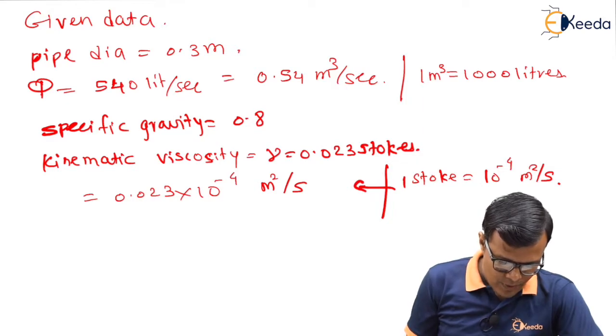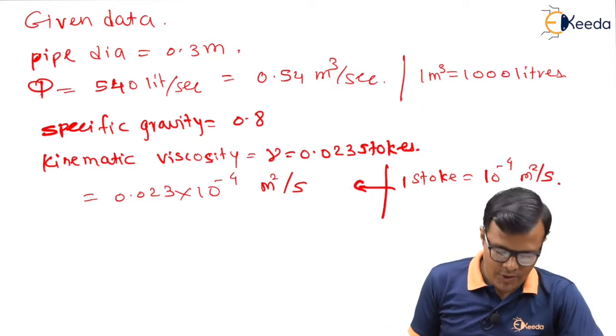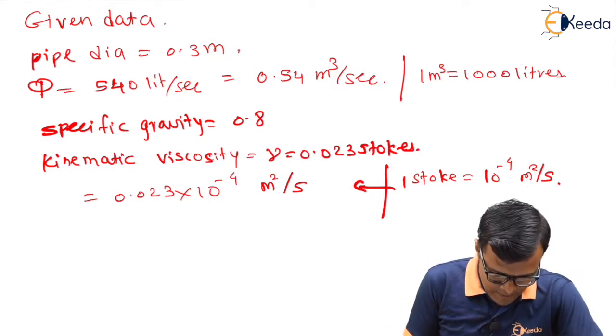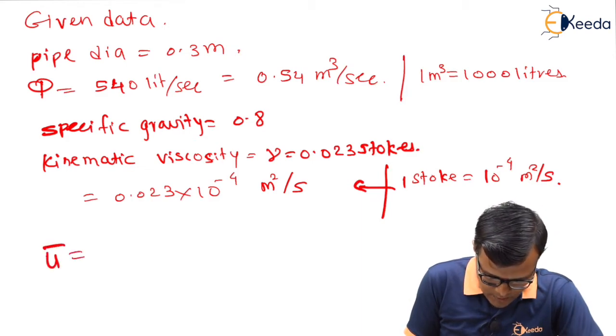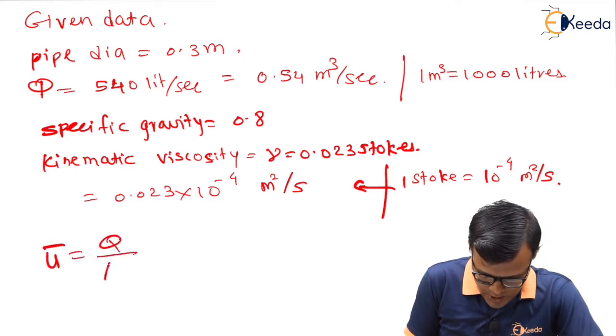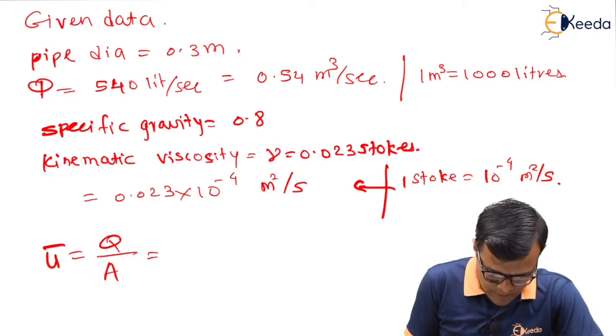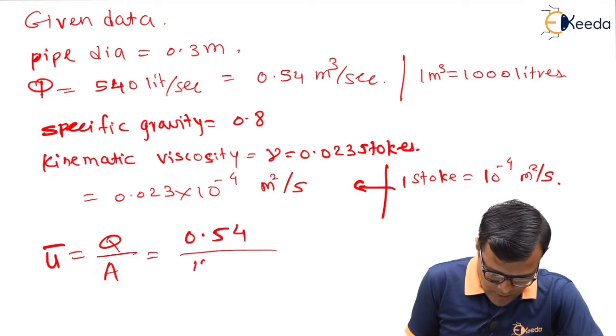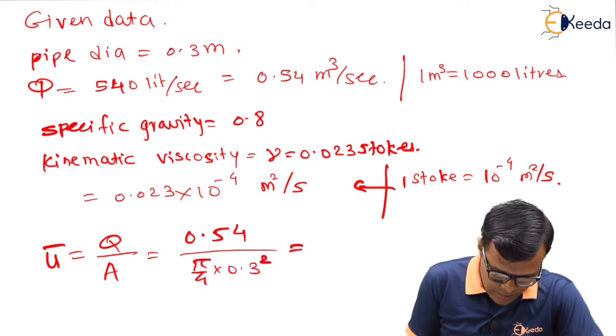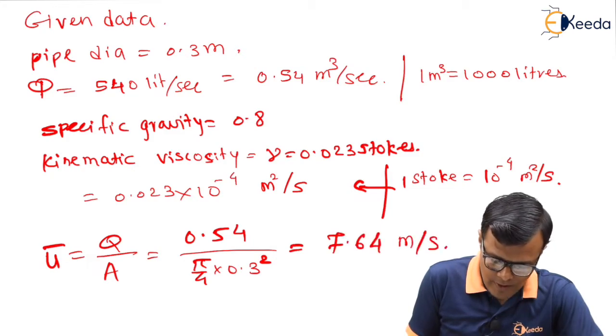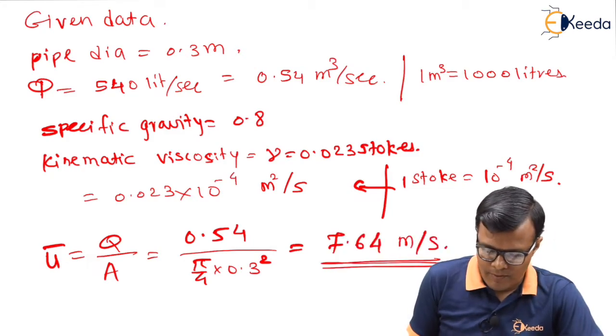So we can find the average velocity as U bar is equal to discharge upon area of pipe. Discharge is 0.54, area of pipe is pi by 4 into 0.3 square, so that is equal to 7.64 meter per second.